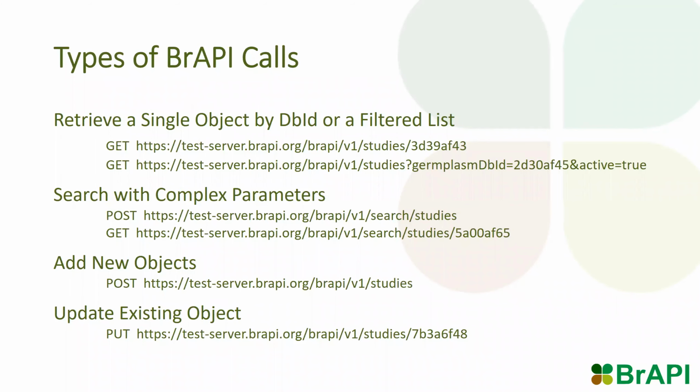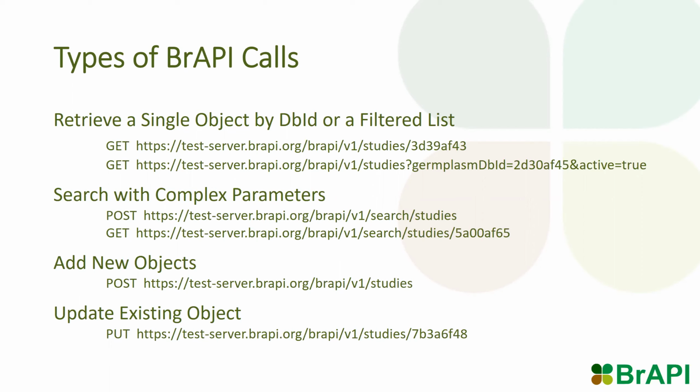So now we can start looking at what different types of BrAPI calls exist. The most basic is just getting information from a server, and there are a couple of examples of URLs that would get information from the BrAPI test server.